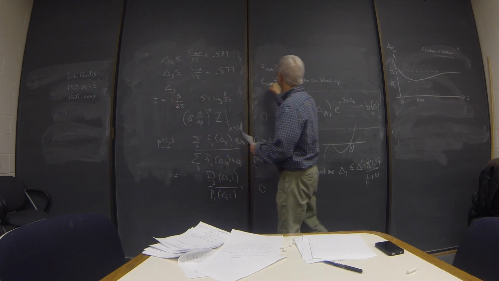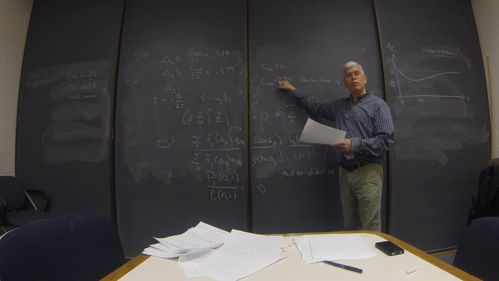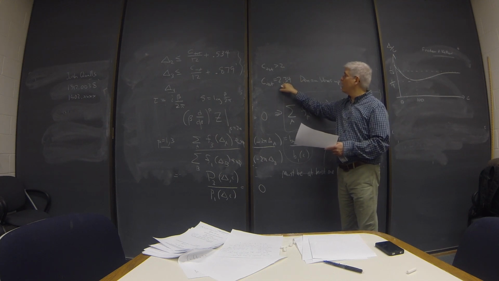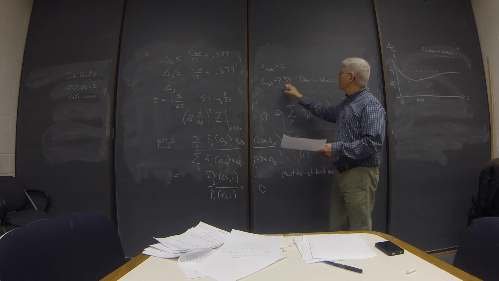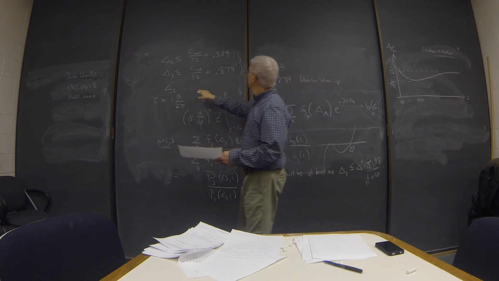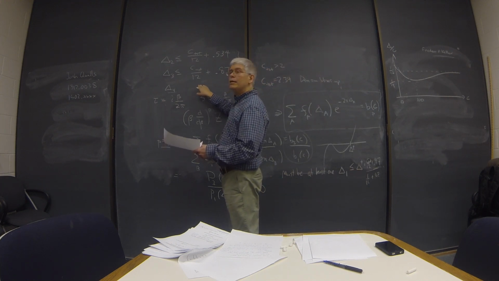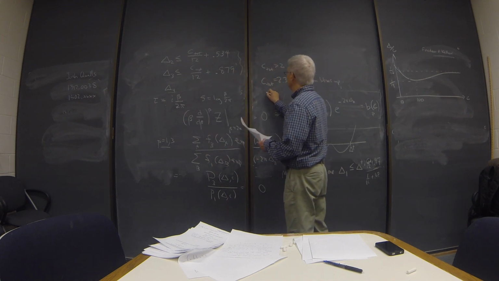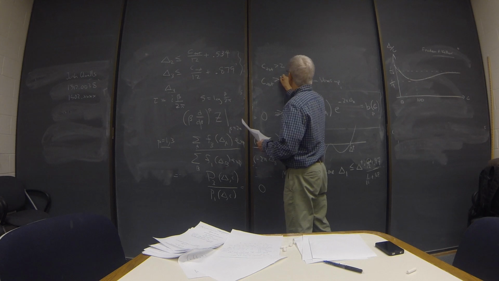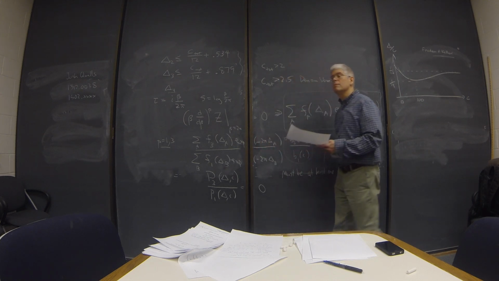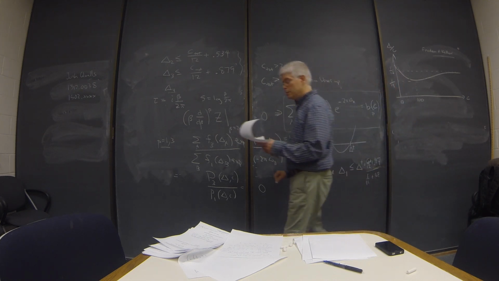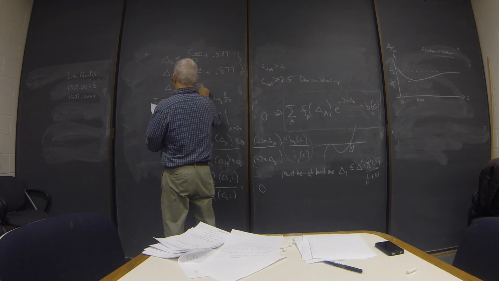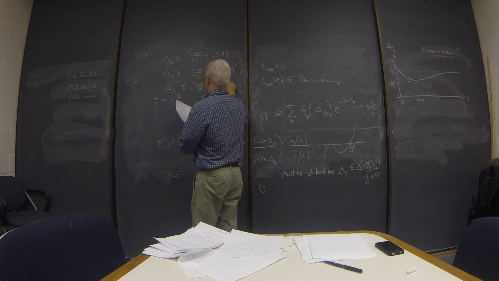We have to assume now that C total is greater than 2.34. Actually, even that's not enough, because if it's exactly equal to 2.34, then the right-hand side of the inequality would blow up. So, for example, we could assume that C total is greater than 2.5. And in that case, delta 4 is below C total over 12 plus some other number.